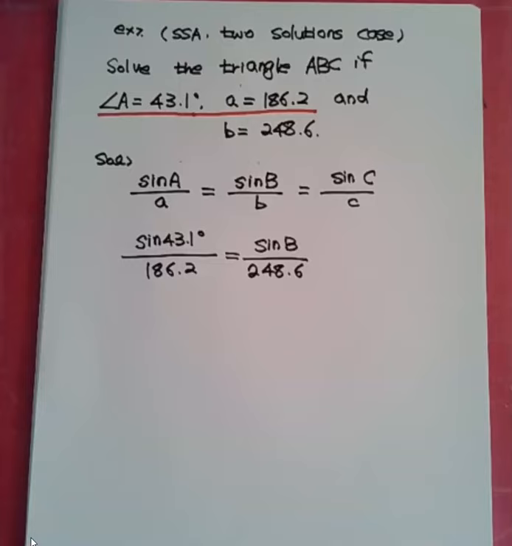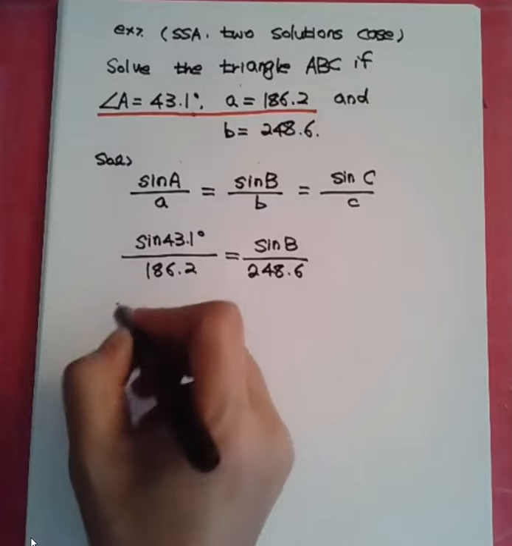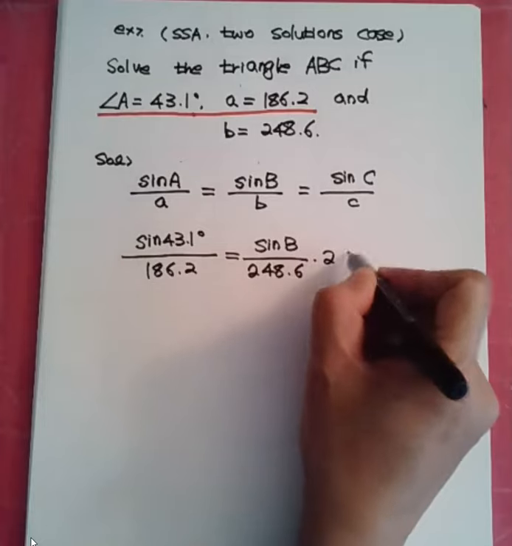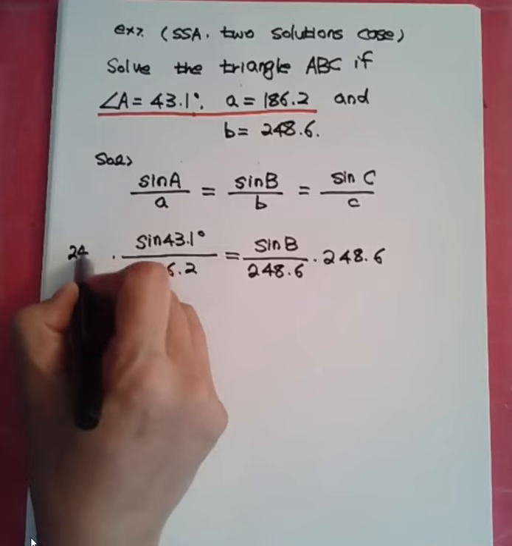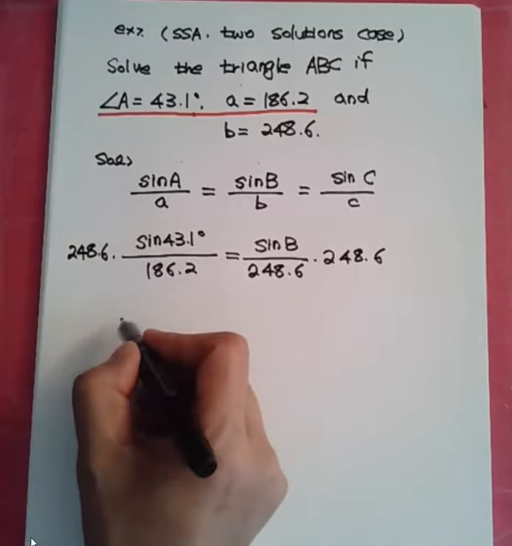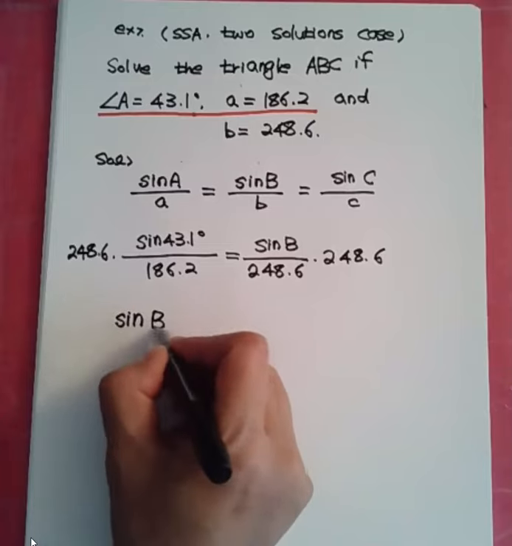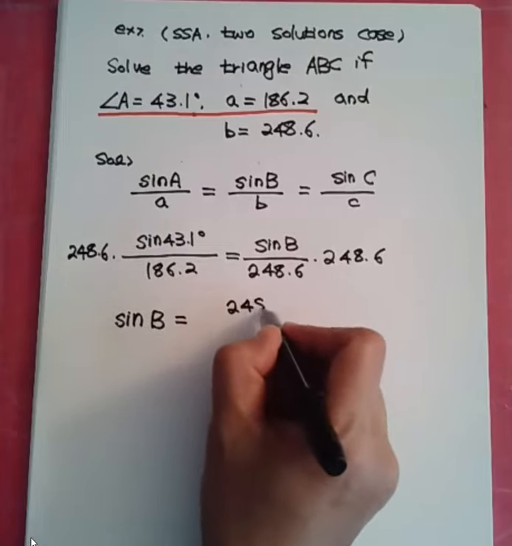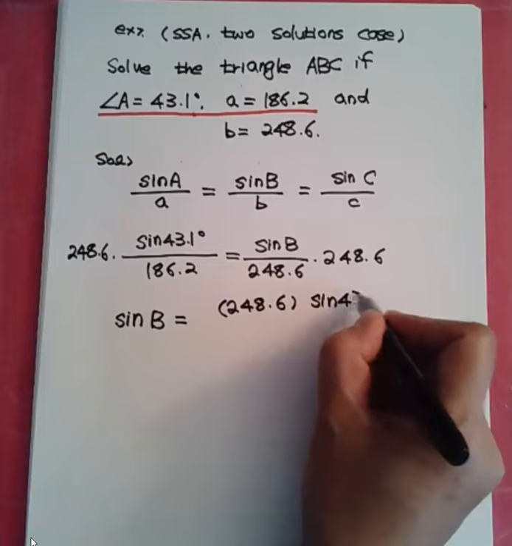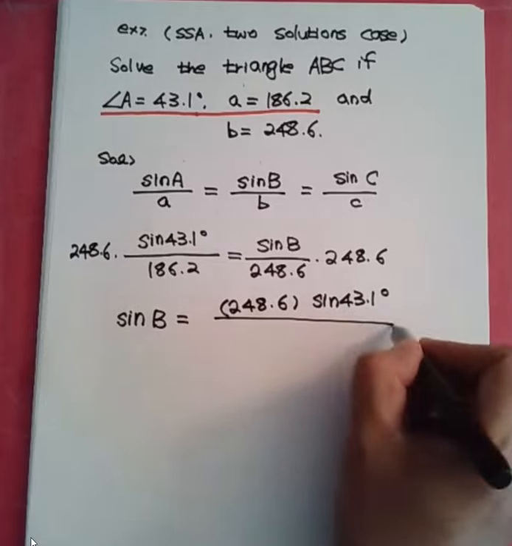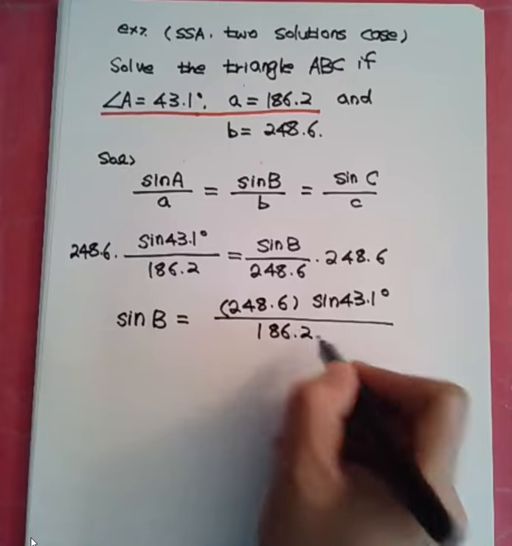So what we want to do is solve for B, and then we will apply the inverse sine function to get the reference angle. So let's multiply by 248.6. So sine of B equals 248.6 times sine of 43.1 degrees over 186.2.